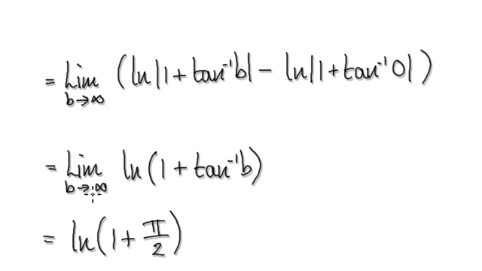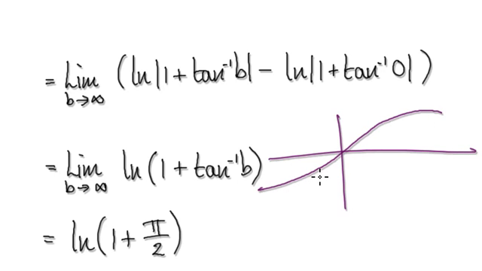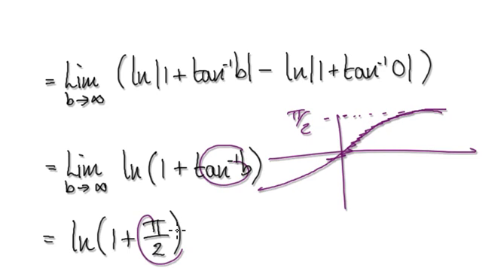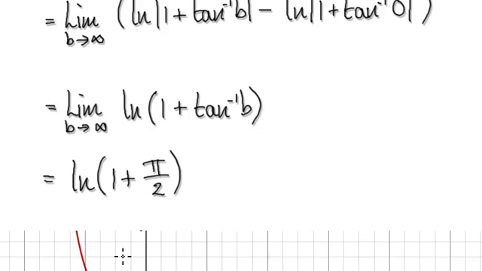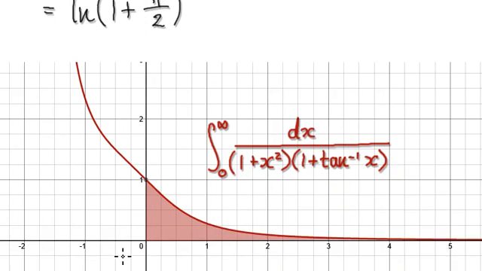As b heads towards infinity, remember inverse tan looks like this, the limit will be pi over 2. So this thing here will be pi over 2, and the whole area is natural log of 1 plus pi over 2.